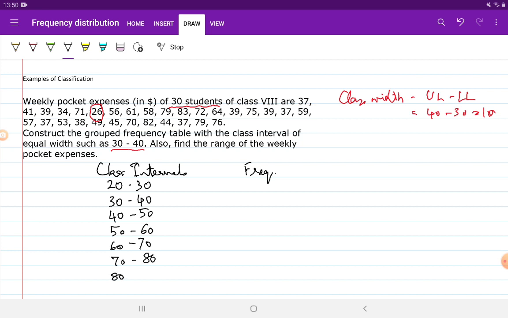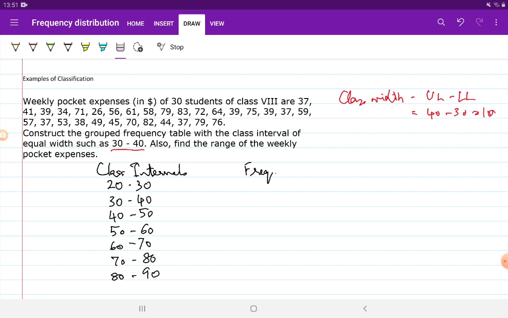And do we have anything more than 80? Yes, we do have 82. Is there anything else? I think that is the highest number that we have. So, no, we do have 83. Sorry. The highest number that we have by observing is 83. So, I do need 80 to 90. So, I have 7 class intervals.